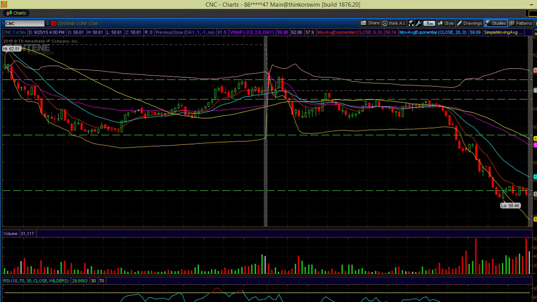So moving averages are important. A lot of people just discount them or dismiss them. For me, moving averages are very important. I can't believe I traded without them for so long. I can't believe I made money trading without them for so long. But like I said, in a volatile market, anybody can make money.